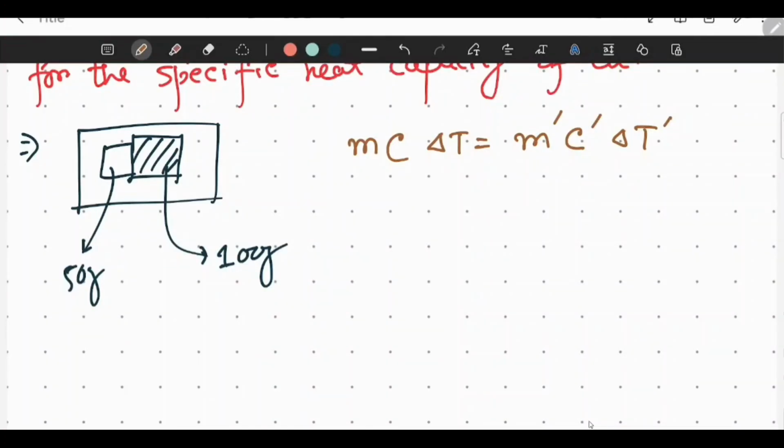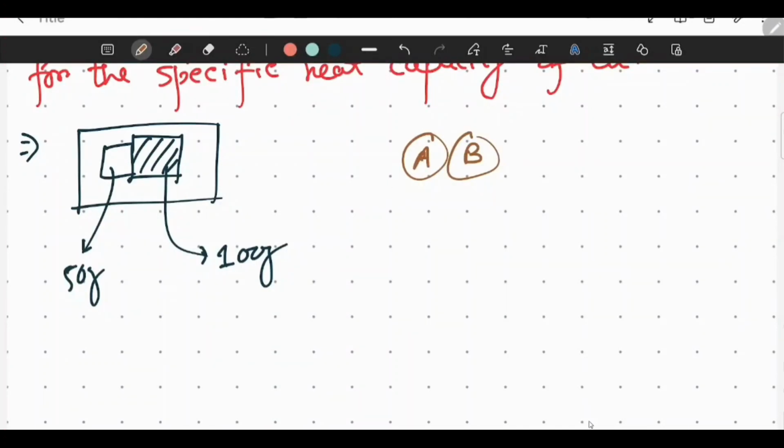In general, we can write that there are two bodies A and B at different temperatures. Then we know M_A C_A del T_A equals M_B C_B del T_B, where C is the specific heat capacity.